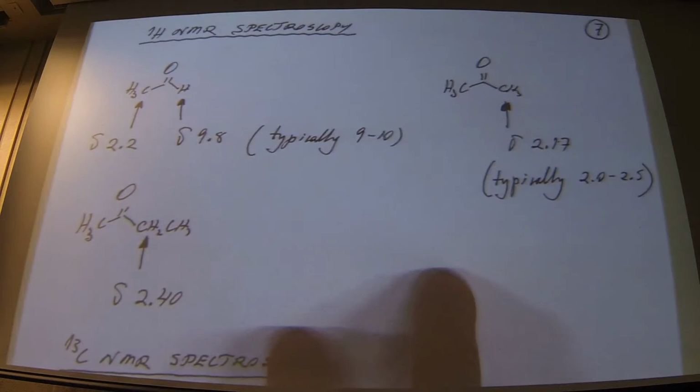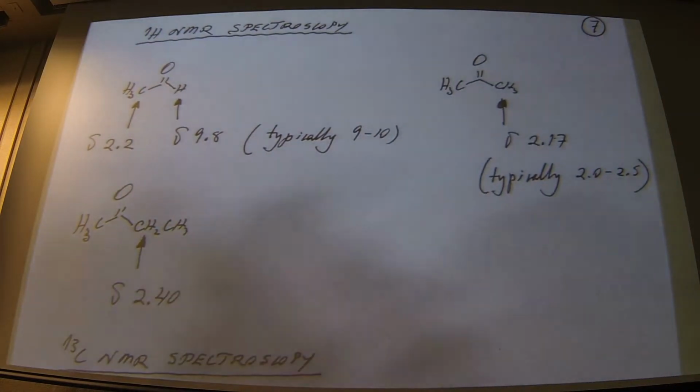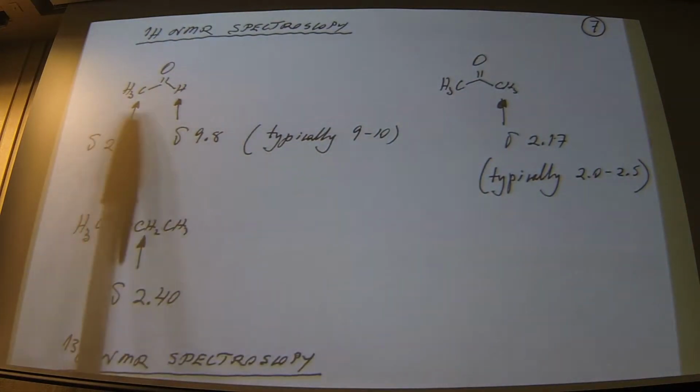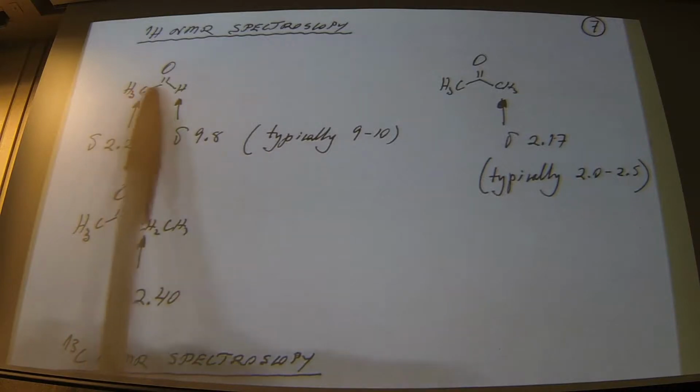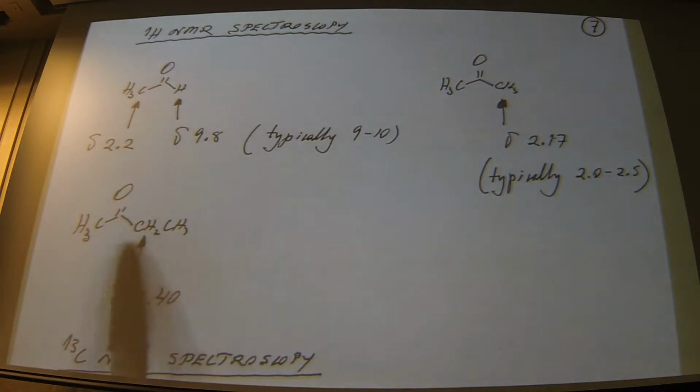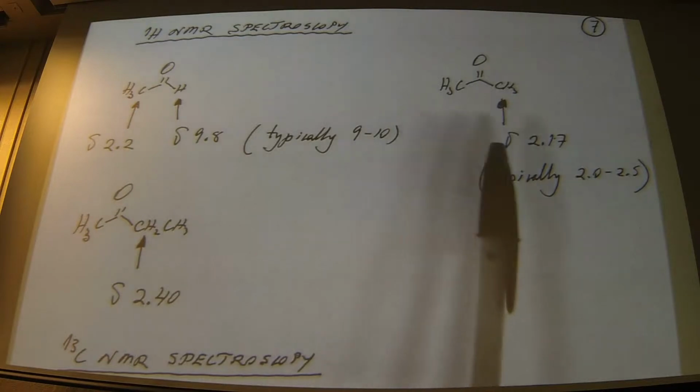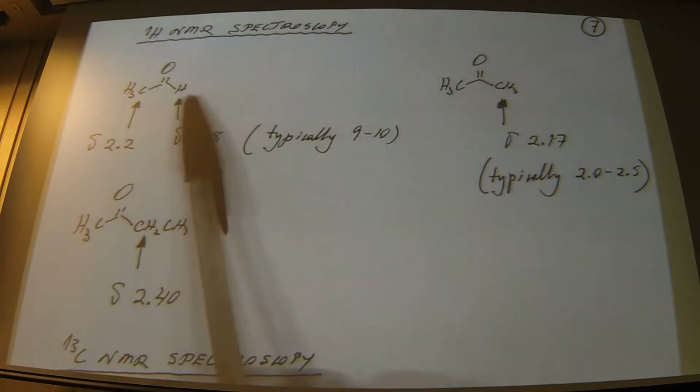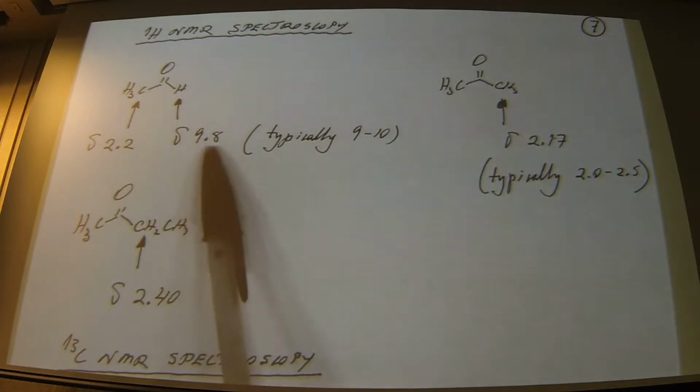Proton NMR spectroscopy, we've talked about some of this stuff. 2.2 or 2.1 is where you find the alpha methyl, and the alpha methylene is shifted a little bit further downfield. As I indicated, the aldehyde is hard to miss. That's between 9 and 10 always.